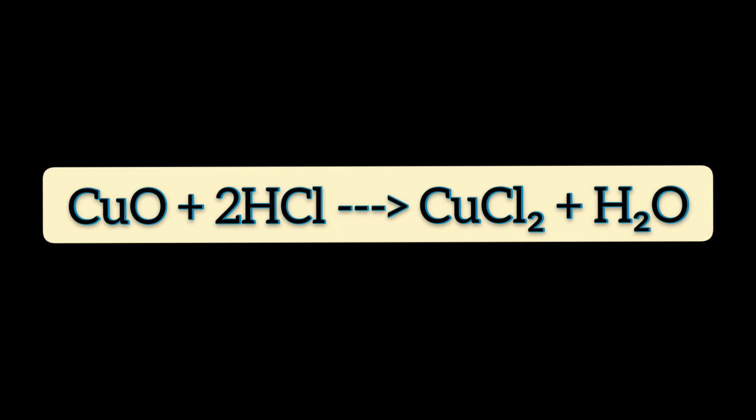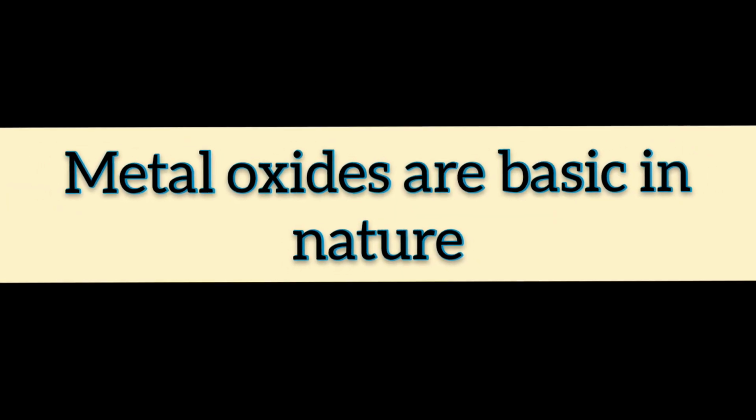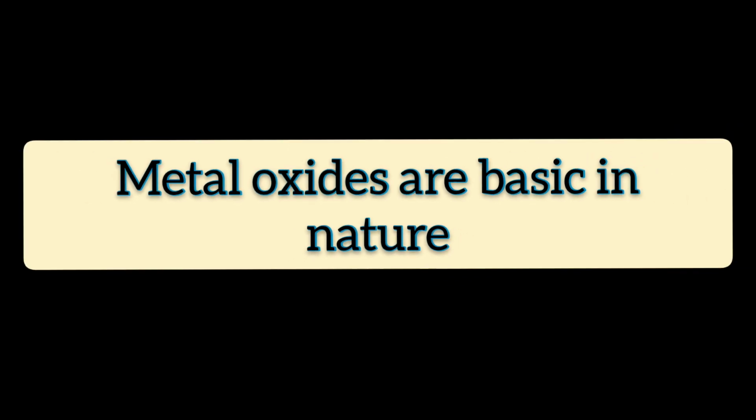CuO, that is copper oxide, plus HCl, that is hydrochloric acid, gives CuCl2, that is copper chloride, plus H2O. Metal oxides, being basic oxides, give salt and water, like the reaction between acids and bases.